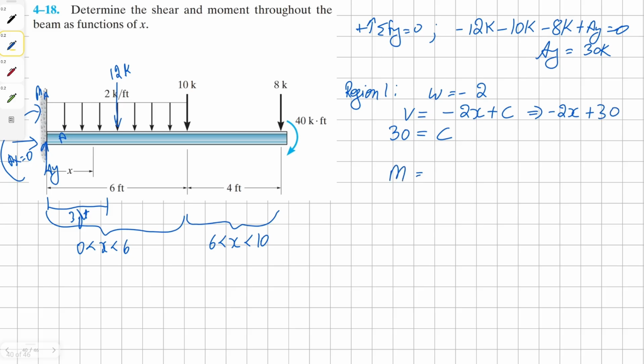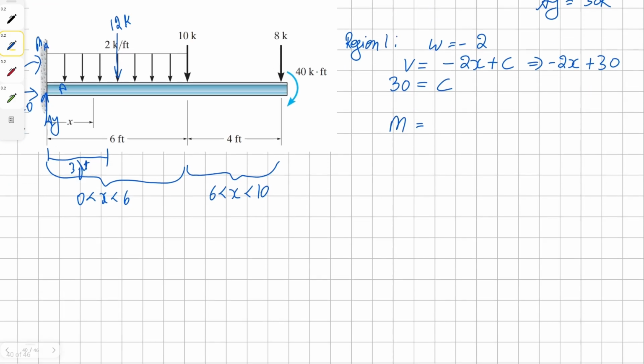And to find the moment, we have to again take the integral of our shear. In this case, it's going to be negative x squared plus 30x plus the constant.